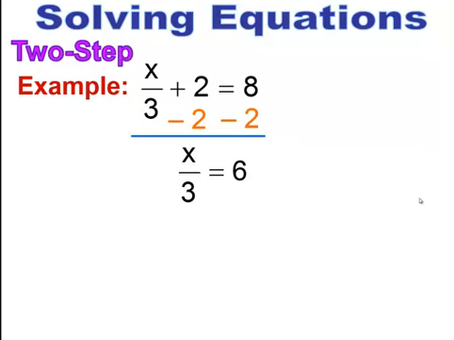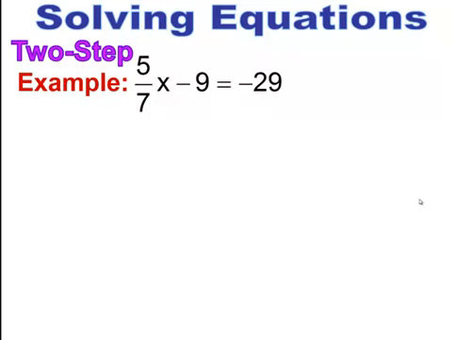So to solve for x, or to isolate x on one side of the equal sign, I'm going to need to multiply both sides by 3. That will remove that division there, and I will have x by itself. And then I'm going to need to multiply the 6 times 3 to get my answer, so I end up with x equals 18.